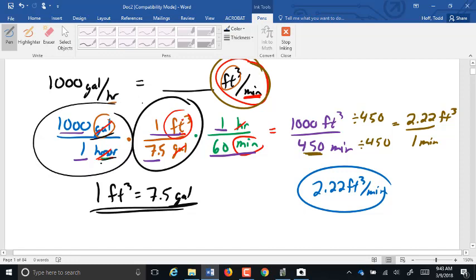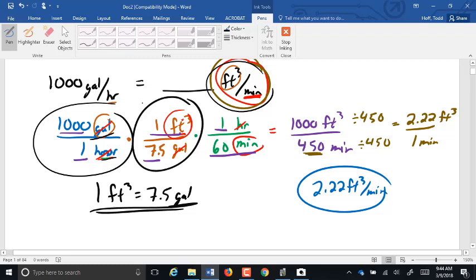Gallons per hour is not units we would use in medicine, but I used that example because I wanted to make sure I didn't hit something that was a problem on the test. But you can see the process is still there. I don't need to know anything about gallons per hour and cubic feet per minute. I just need to know the equivalencies to what I have to what I want to go to.